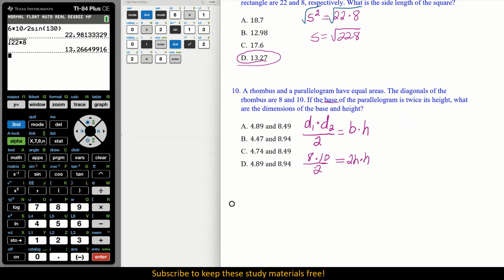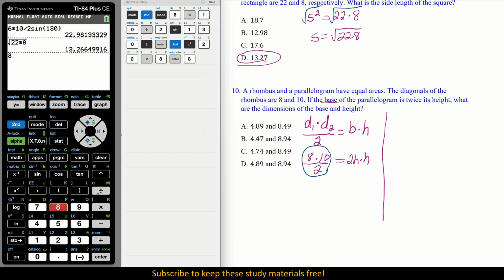We need the area of this rhombus first. Well, let's put that in. I'm just going to draw a line. Let's not go any further because we'll lose this information right here. That is actually the area of the rhombus. You'll see what I'm doing. I'm trying to keep it straight. So that's 8 times 10 divided by 2.